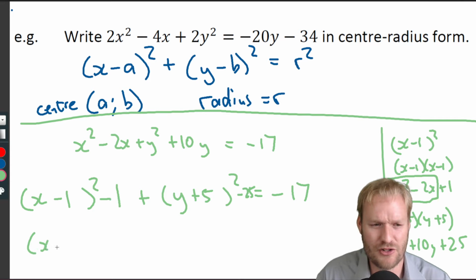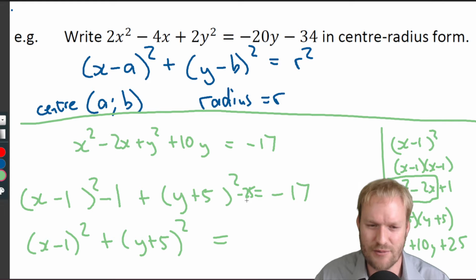Okay, we're not quite in center radius form. We needed to look a little bit more like this. Well, minus 1 minus 25 is minus 26. And let's just check, we need to add 26 to both sides. So 26 plus minus 17 gives us 9. So we've got a 9.